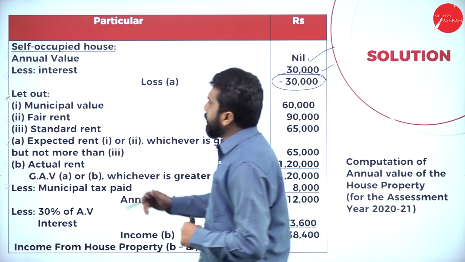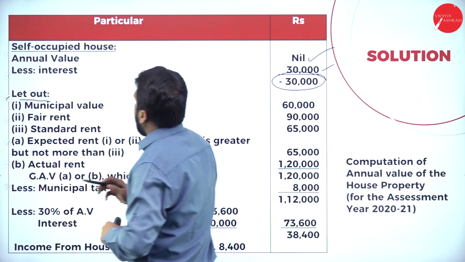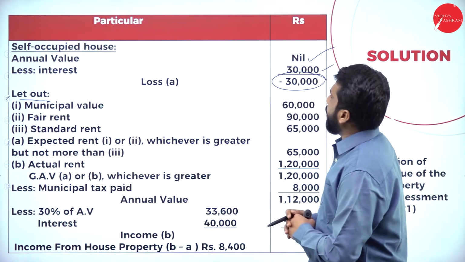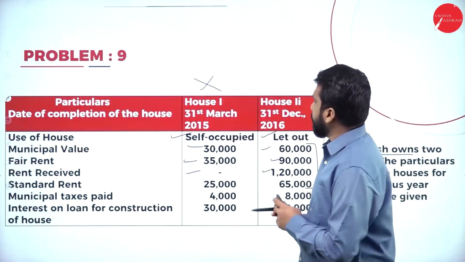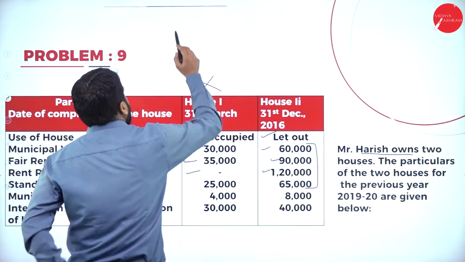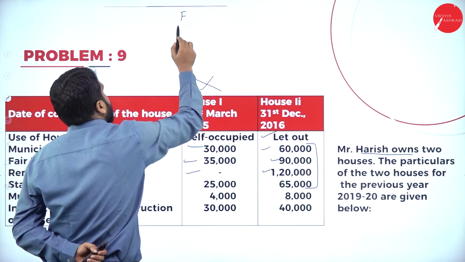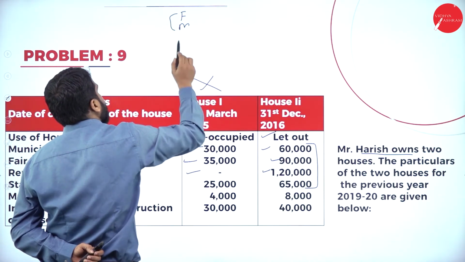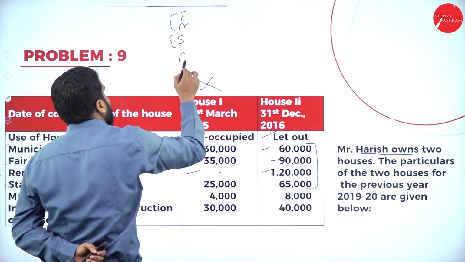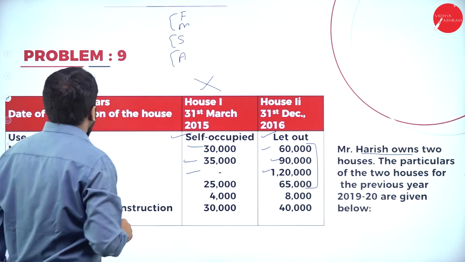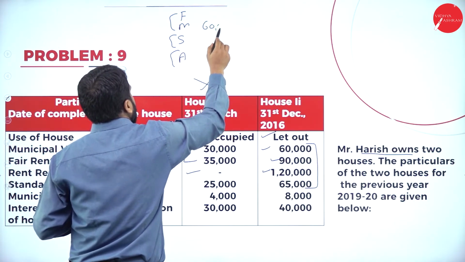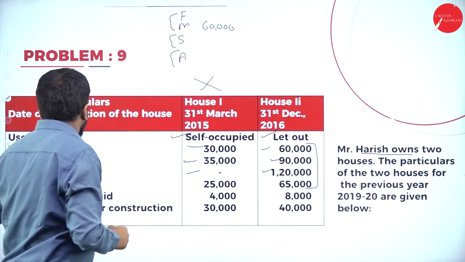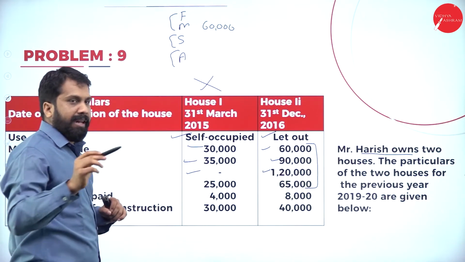The next one is let out. Under this, municipal value. Again, I'll go back to our old logic: fair, municipal value, FM, and A. Now, municipal value, they have given 60,000. Fair rent, it is given 90,000.